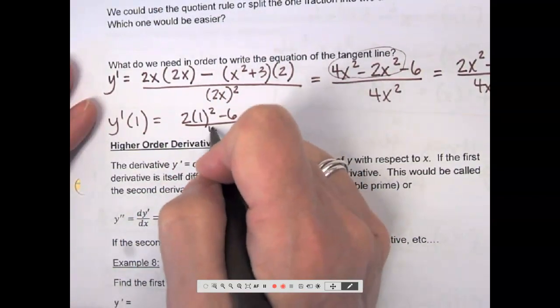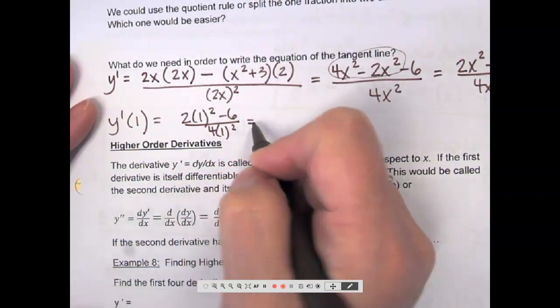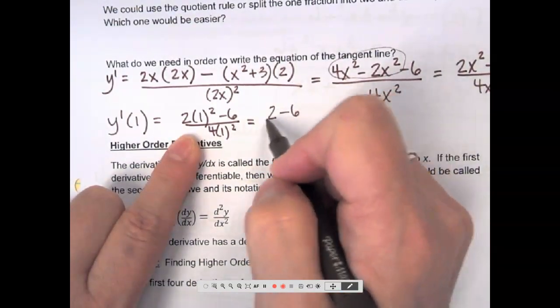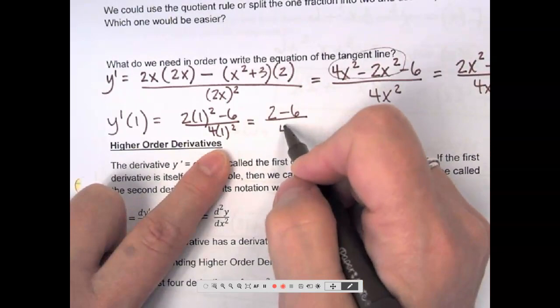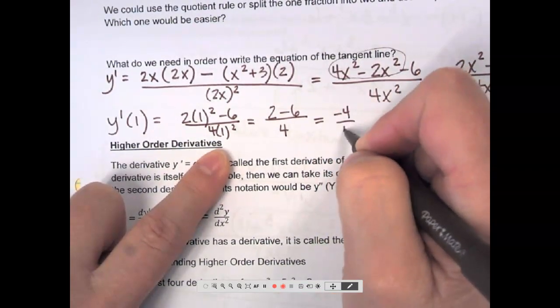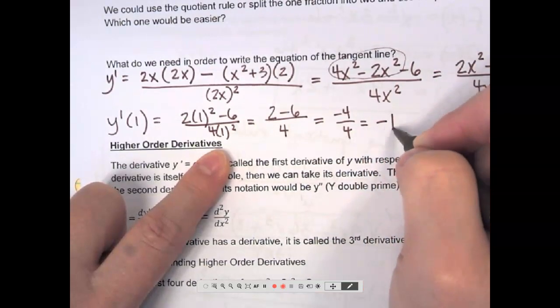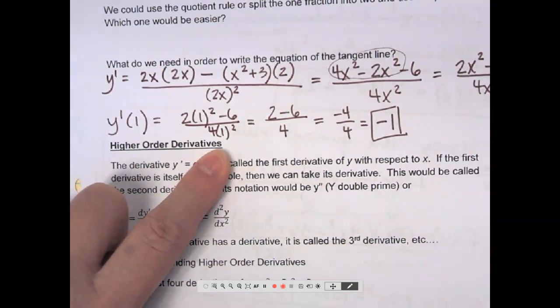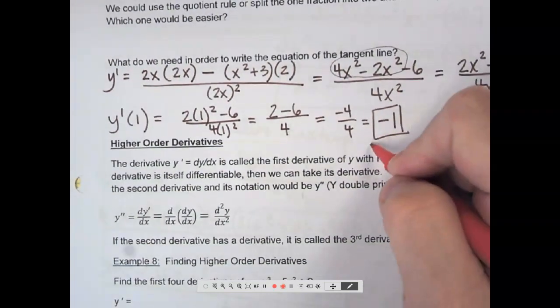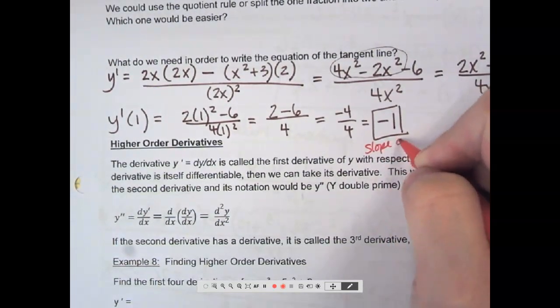It's just going to be 2 minus 6 over 4 times 1. So negative 4 over 4 is negative 1. What does that represent? The slope. Here is the slope of our line.